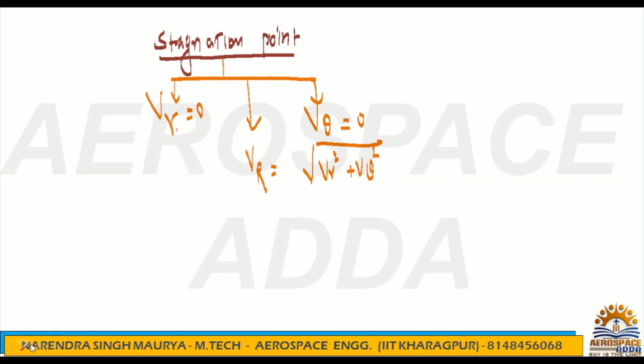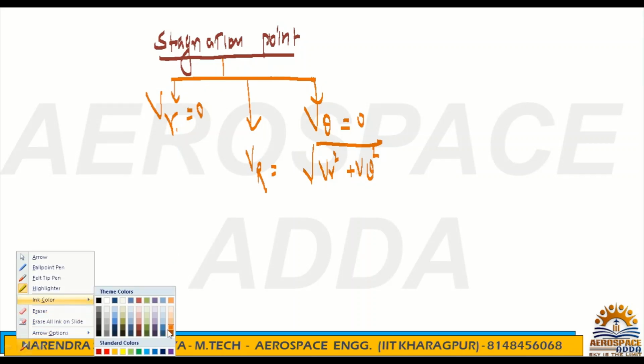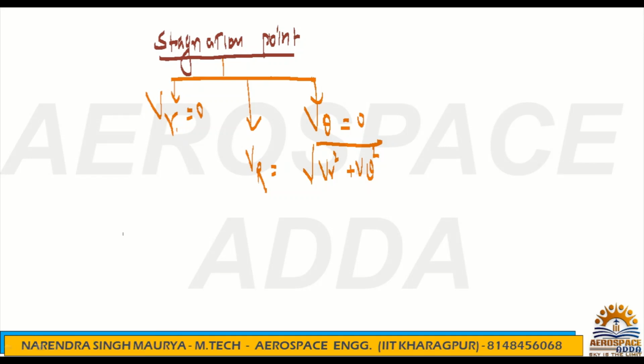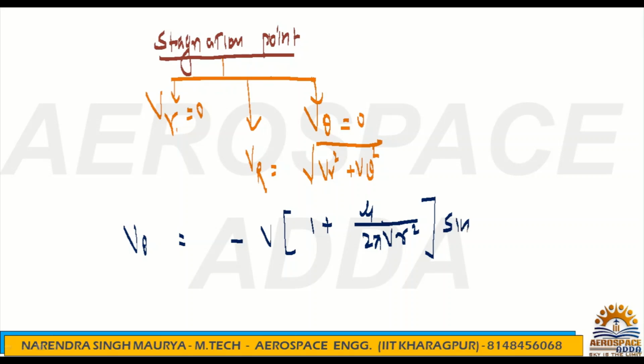Now you see, just now you achieved the tangential velocity. By the tangential velocity only we can start. Just now you got minus V in bracket 1 plus mu upon pi V r square, sine theta equal to 0.